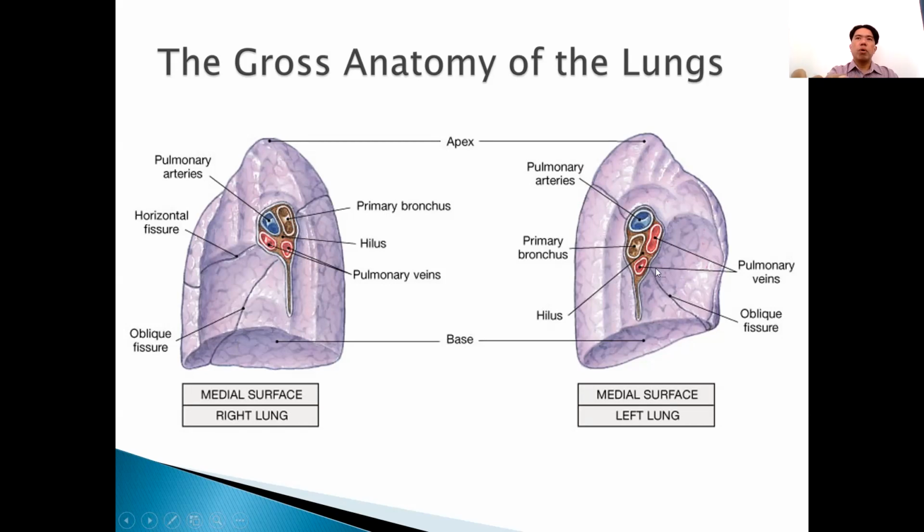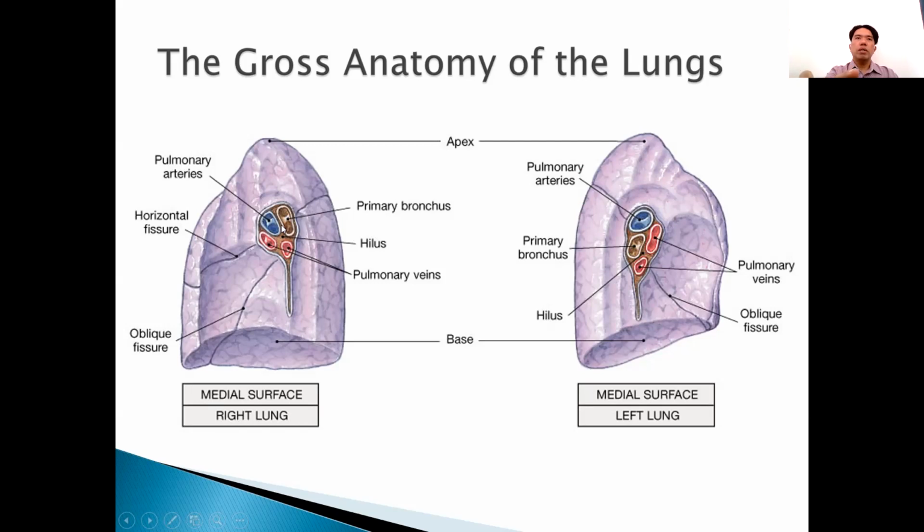Again, the orientation of the bronchus. The pulmonary artery on the left lung is superior in nature. If you have the primary bronchus as a landmark or reference point, the pulmonary artery is superior to the bronchus on the left lung.